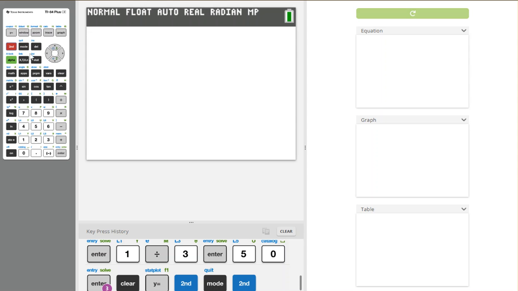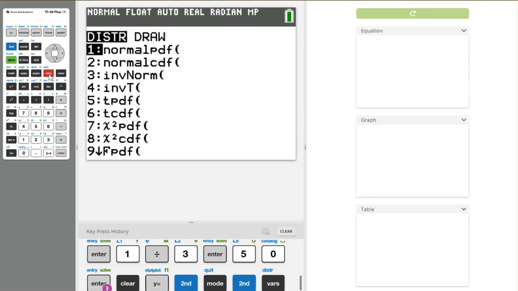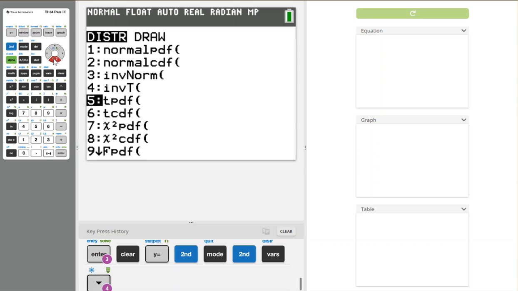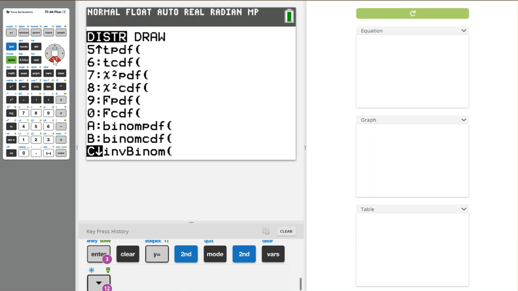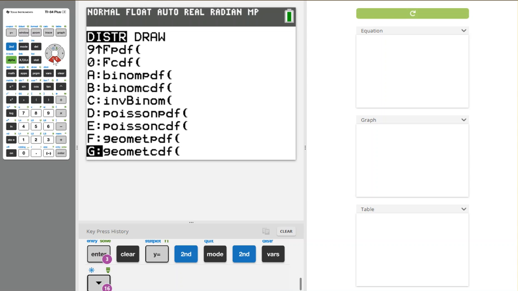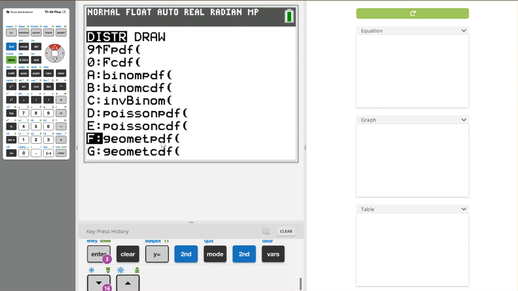So I'll hit second, variables, and it brings me to this distributions menu. I'm going to scroll down until I get to the geometpdf function, the geometric distribution, and P, because we're interested in this point, not cumulative, so don't use the CDF one.